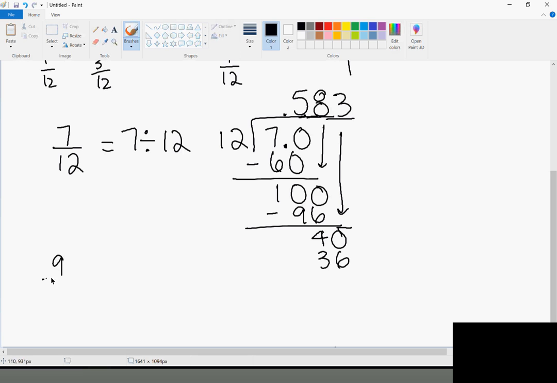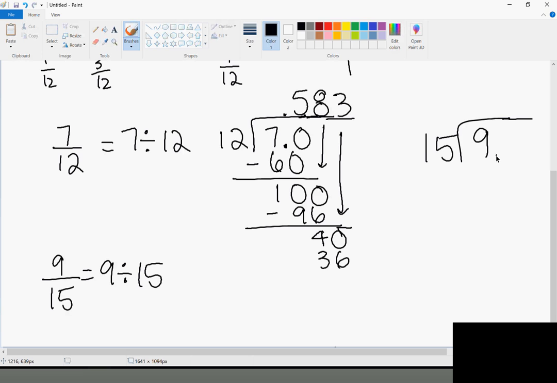Okay, so now we have 9 divided by 15. All right. So we've got, and you could have reduced it, what was that, 3 over 5? We'll keep it like that. So 9 divided by 15. So again, we're going to put the decimal here, but add a 0 so we can divide 15 into 90.